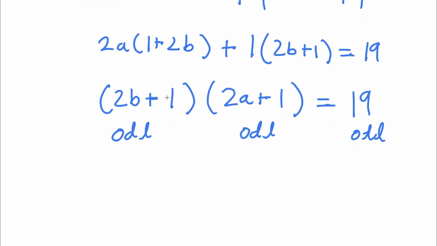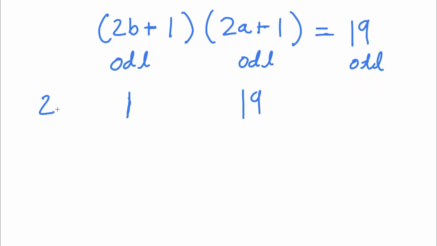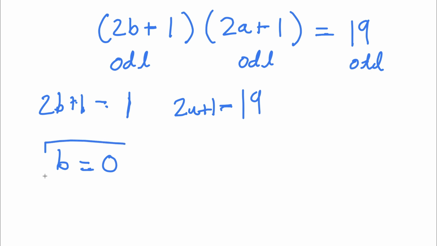So I'm going to think of 2b plus 1 as 1 and 2a plus 1 as 19, because 1 times 19 is equal to 19, and these two are actually the only factors of 19, and they're both odd. So now if I set 2b plus 1 equal to 1, and if I set 2a plus 1 equal to 19, 2b plus 1, I get b is equal to 0.